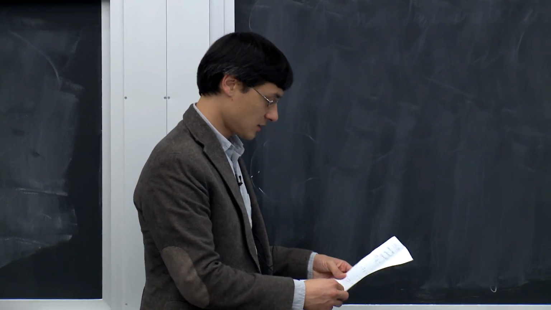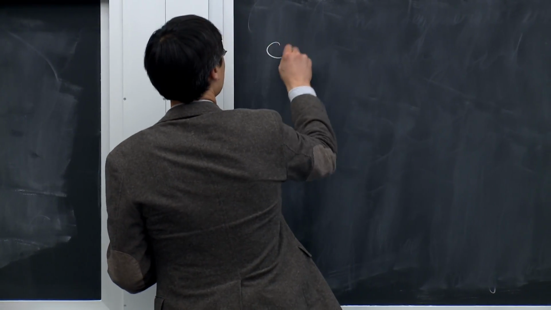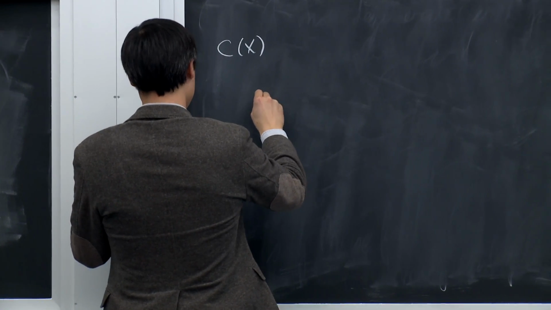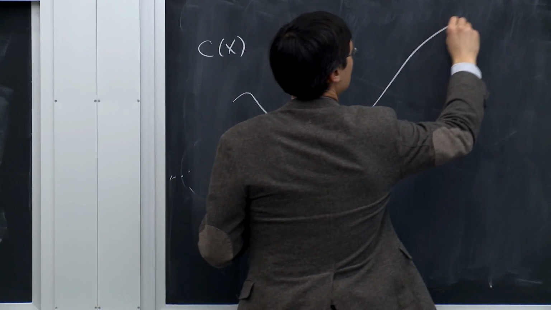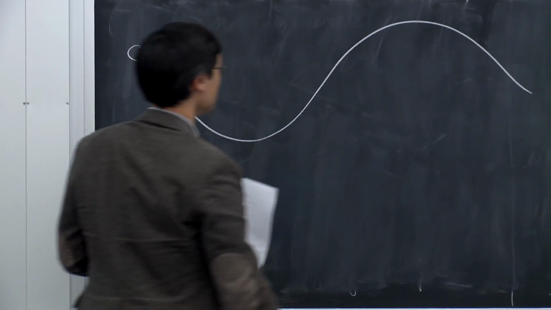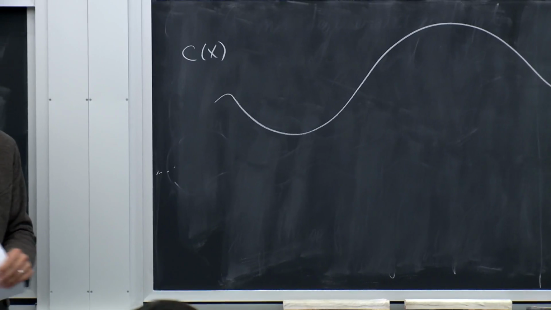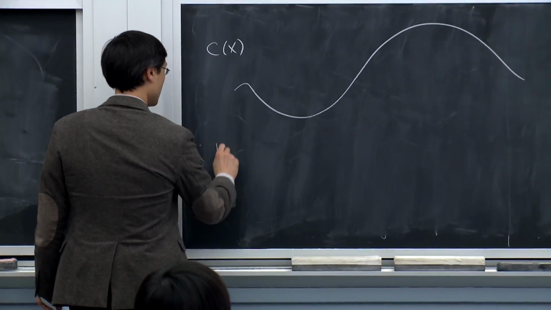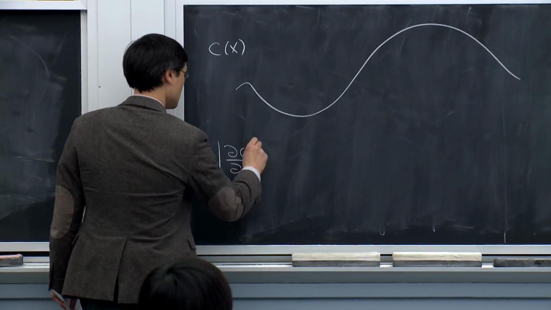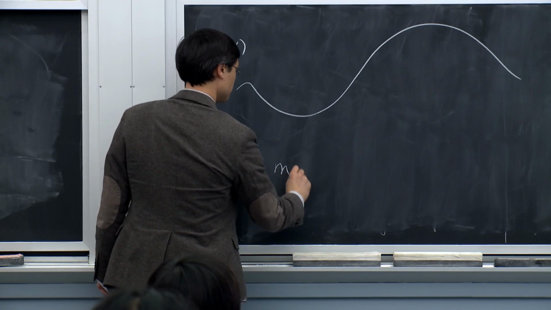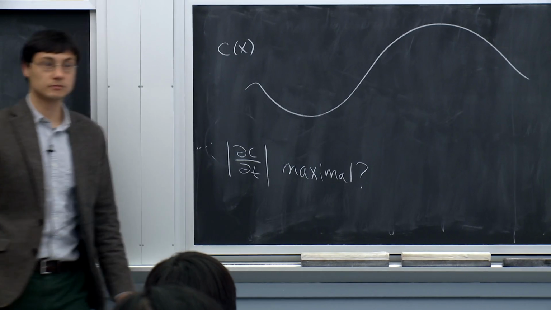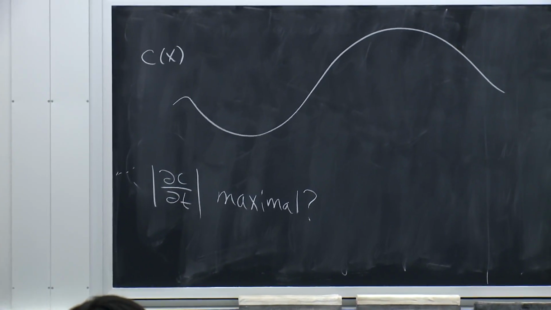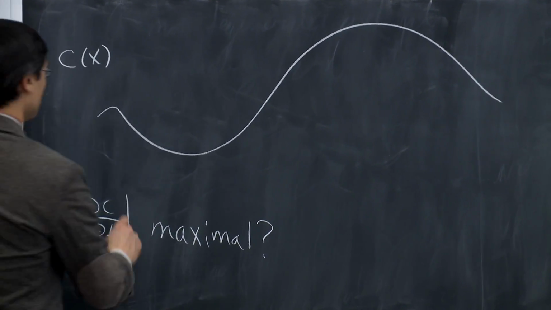diffusionists. Okay. All right. So let's say the concentration as a function of position looks something like this. What I want to know is where is dc dt maximal? We have some different points.